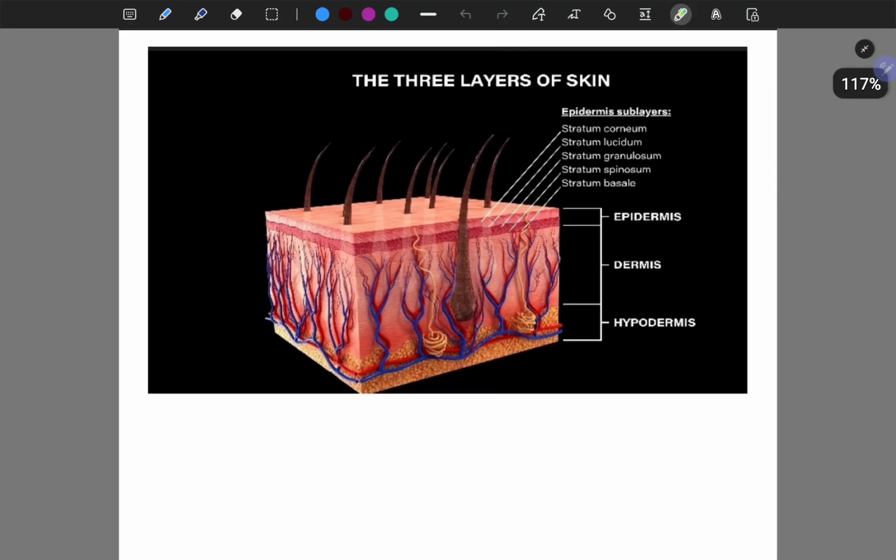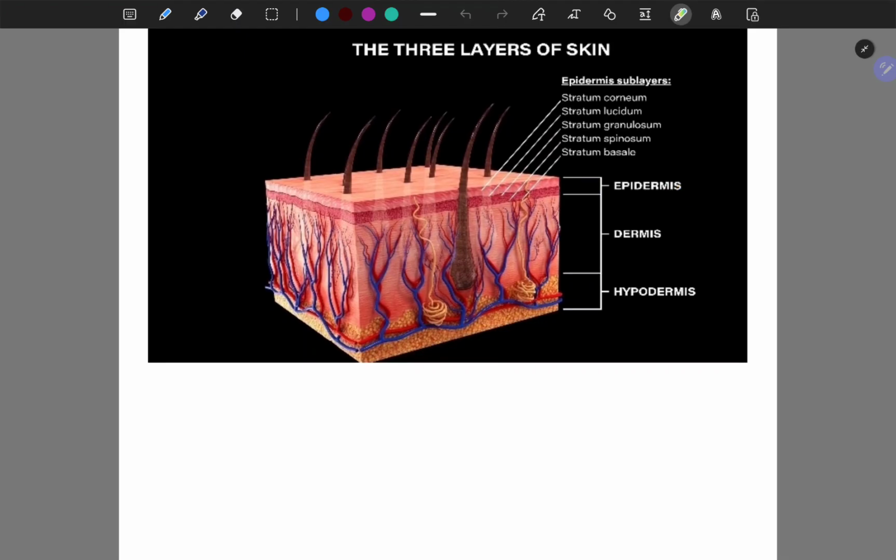So what are all the layers of the skin? We know epidermis, dermis and hypodermis. Remember the layers of the epidermis: basal, spinosum, granulosum, lucidum, corneum. The stratum corneum is where keratinization occurs. In the basal layer, keratinocytes and melanocytes are produced. From there, the cells migrate from the stratum basale to the stratum corneum.